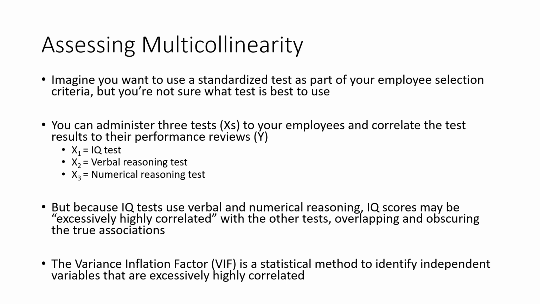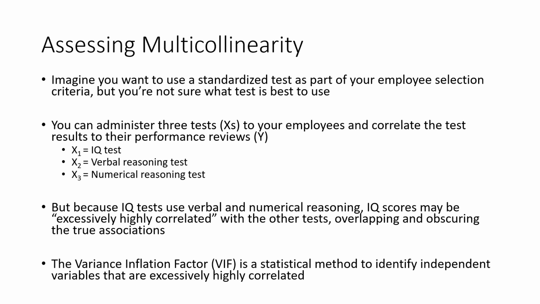The problem with this configuration of predictors is that IQ tests also use verbal and numerical reasoning. So what this means is that when you generate IQ scores, it's likely that those IQ scores will be highly correlated with the verbal reasoning test and the numerical reasoning test because they overlap with each other. And because they overlap, they sort of obscure the true associations.